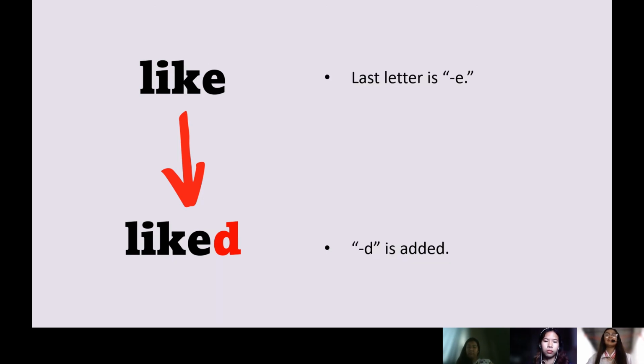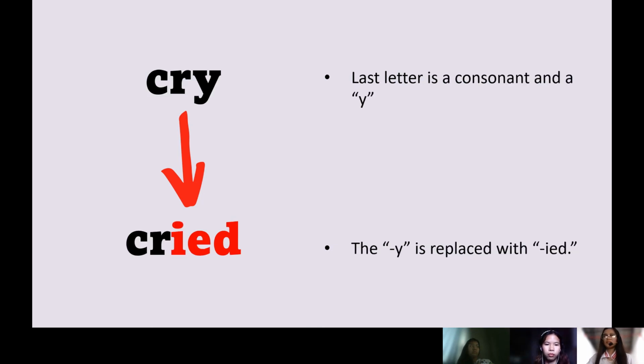Like, liked. We just added d because it already ends with the letter e. Cry became cried because the last letter is a consonant and a Y. So we just need to change the letter Y into IED. Earlier, in the present participle, we had tie.